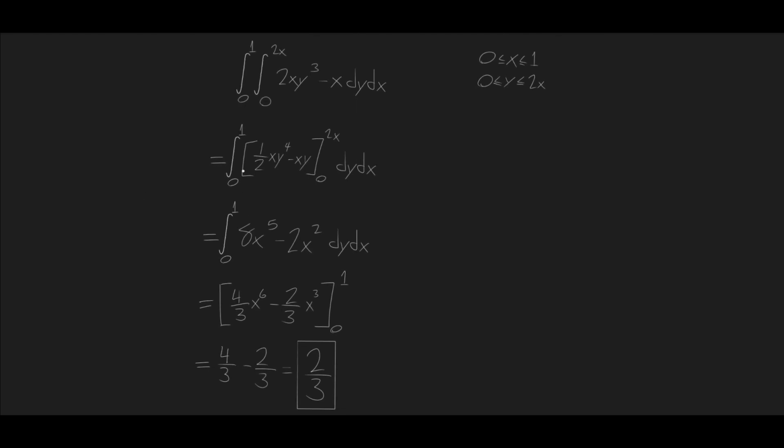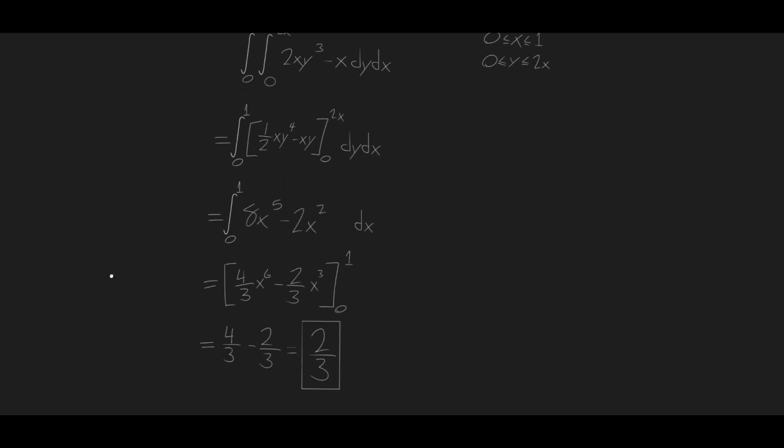So the first integral gives us 1/2 x y to the 4th minus x times y from 0 to 2x. And then that evaluates into 8x to the 5th minus 2x squared dx.